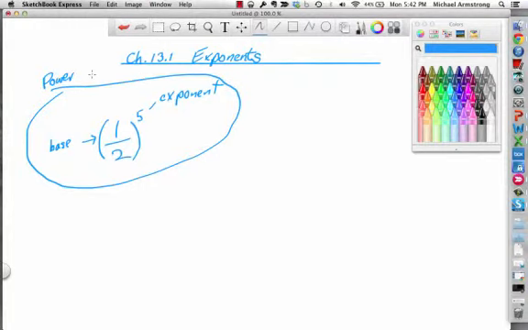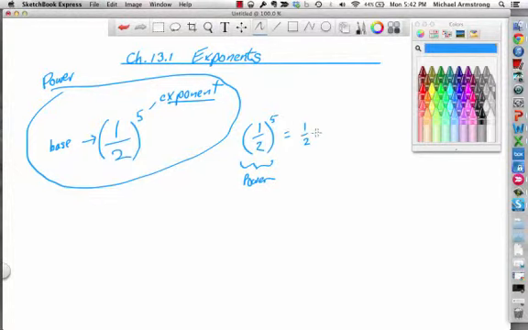Okay, so a lot of times we say to the second power, to the fifth power, but the 5 is the exponent. It's to the fifth power, but the 5 is the exponent. What we're looking at here when we have 1/2 to the fifth power, it's really how many times is 1/2 multiplied by itself?